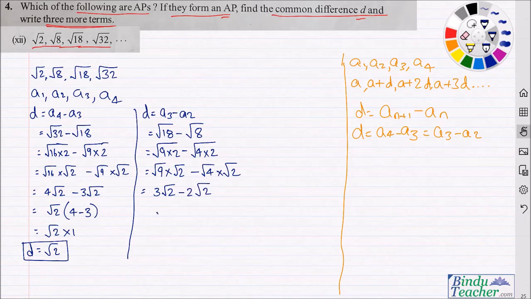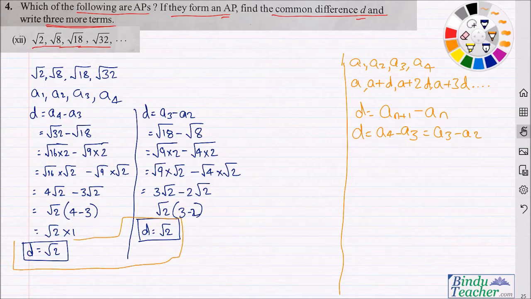Here root of 2 is common, so keeping it out of the bracket, I get 3 minus 2, which equals root of 2. So here the common difference is root of 2. As you can see, we got the exact same common difference between the different terms. So with this, we can say that yes, the list of numbers here form an arithmetic progression.